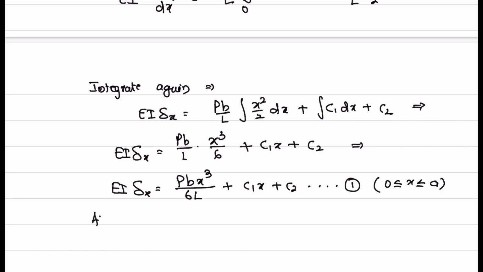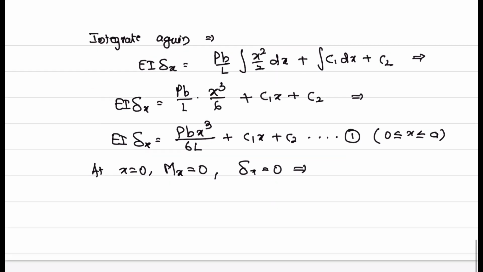At x is equal to 0, mx is equal to 0 and delta x is equal to 0. Deflection is also zero at boundary condition, left hand side support.